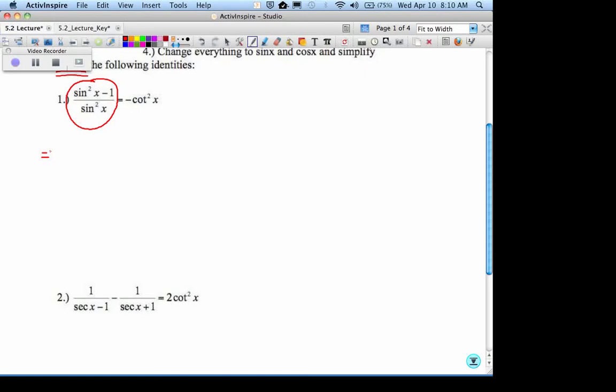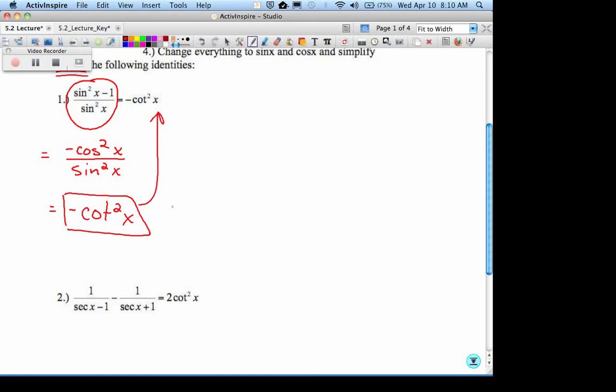So, sine squared minus 1 is negative cosine squared. We learned that yesterday. What's cosine squared over sine squared? Cotangent squared of x. This was negative, this one's positive, so it's a negative. We got there.